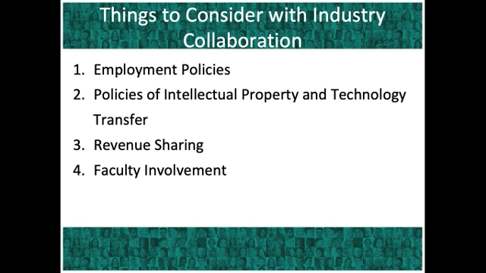Sometimes it can be something as simple as you're just required to give the company a copy of the manuscript before it's submitted to the publisher. Other times there might be a limitation of 6 months or 12 months before you're allowed to publish. There's an embargo on publishing any sort of data that comes out of the collaboration.